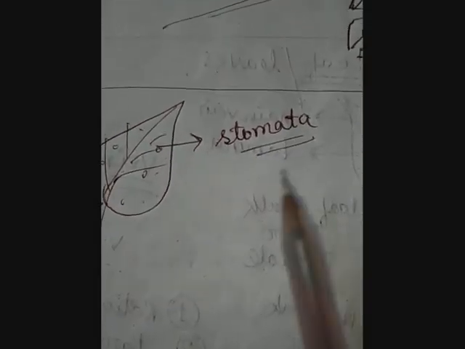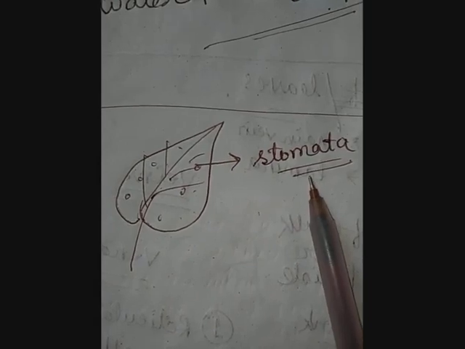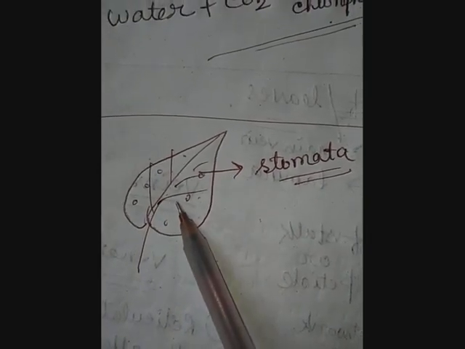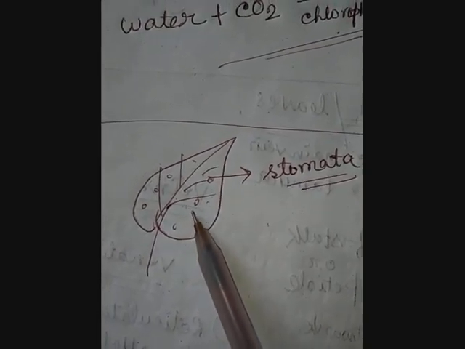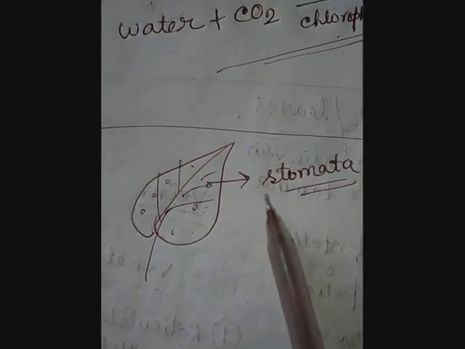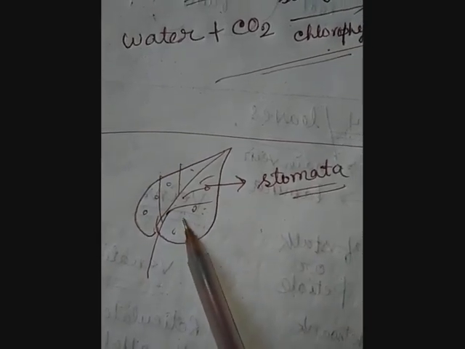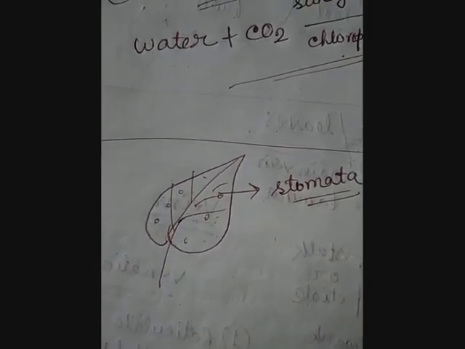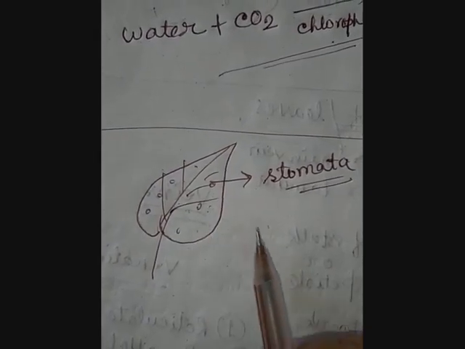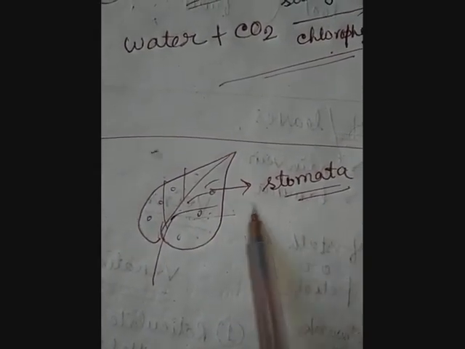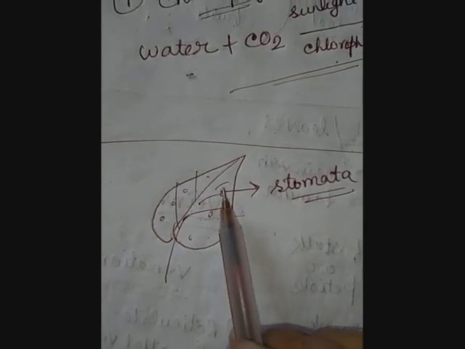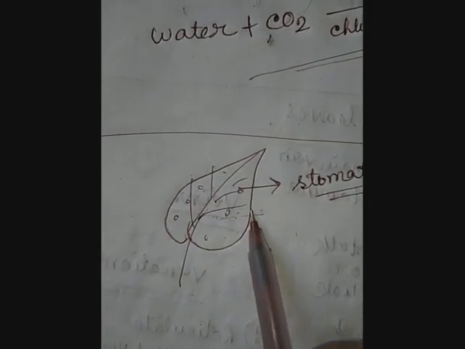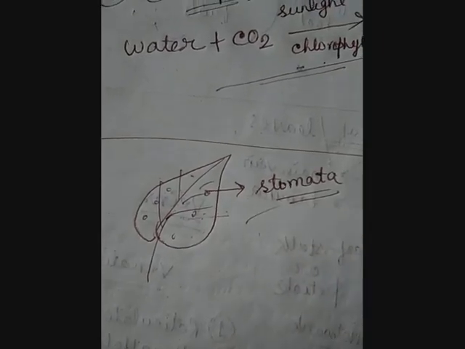Through stomata, carbon dioxide gas enters into the leaf for the photosynthesis process, and oxygen gas, which is a product of photosynthesis, is also released to the atmosphere through these stomata. Besides this, excess water of the plants also comes out through these stomata. So these are the functions of stomata, which are very tiny holes present on the leaves.